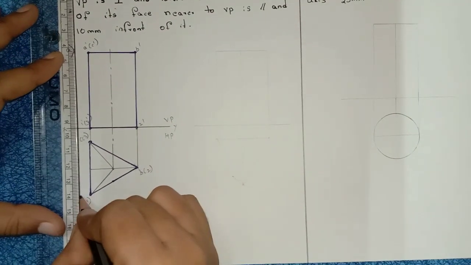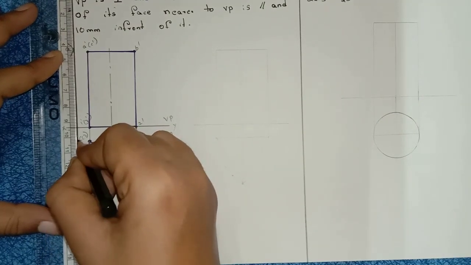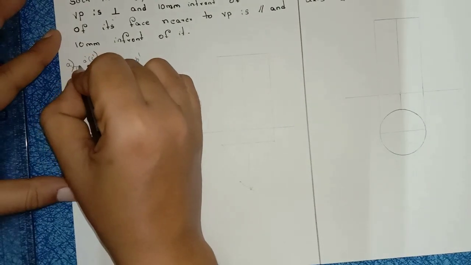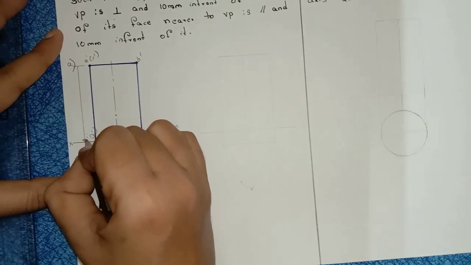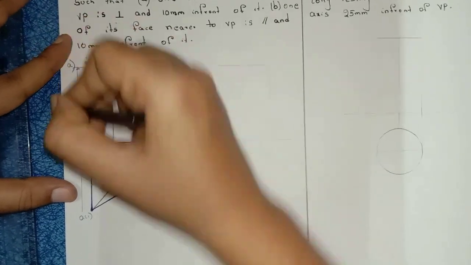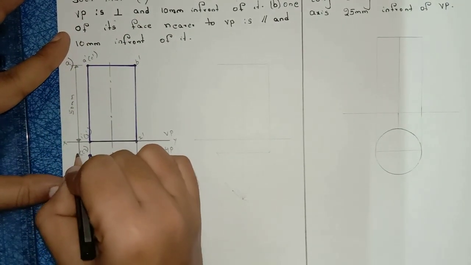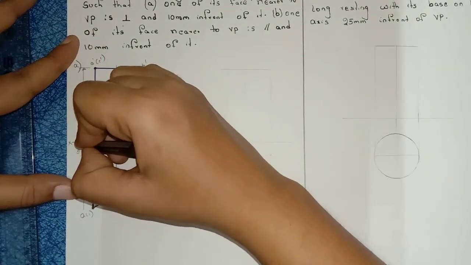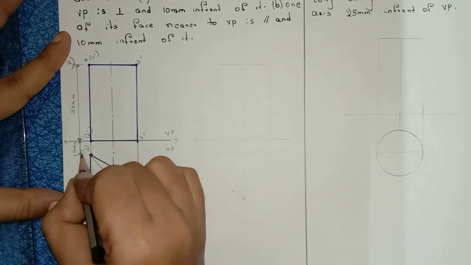In this question they mention the length of the triangle, the 10 mm distance, and the axis height. The axis height is here 50 mm, so I am writing here 50 mm. You have to leave the distance here 10 mm, since the question mentions it, so that's why we write here 10 mm.